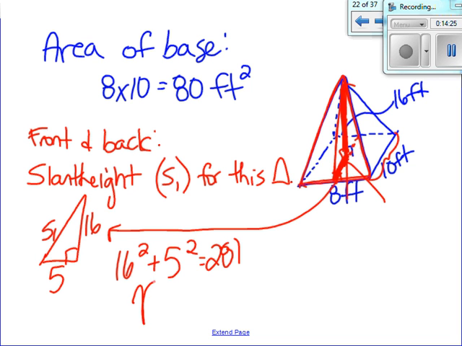If I take the square root of that, I'm going to end up with 16.76. And in this case, I really want to keep as many decimal places as possible. Okay, so now I know that the slant height for this one, so out front here, is actually 16.76.